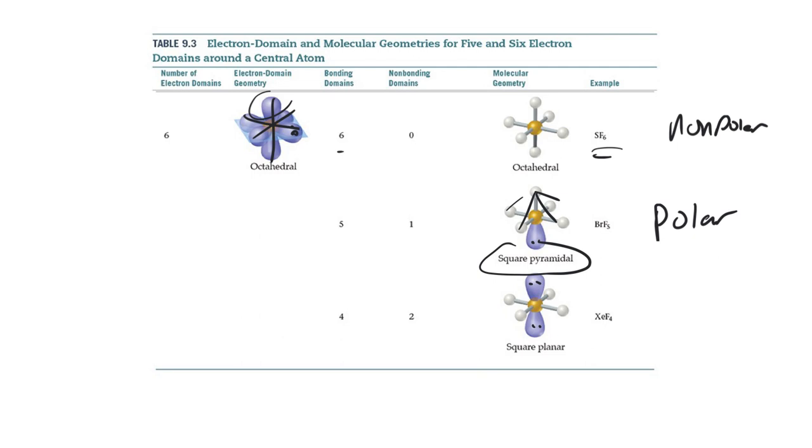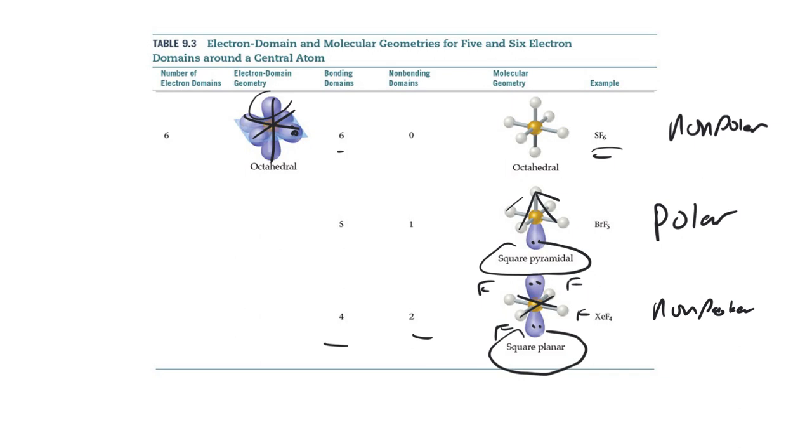And so the best geometry for 2 non-bonding domains, 4 bonding domains is square planar. Now square planar has 2 atoms that are still on an axis together. And so this molecule here would be perfectly nonpolar, because those bonds opposing each other cancel out their dipole moments perfectly.